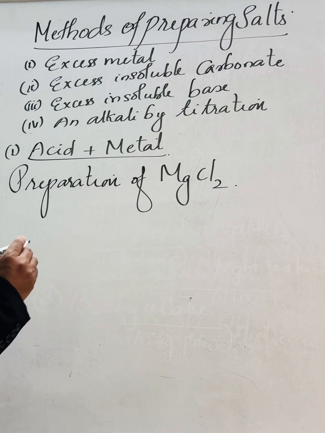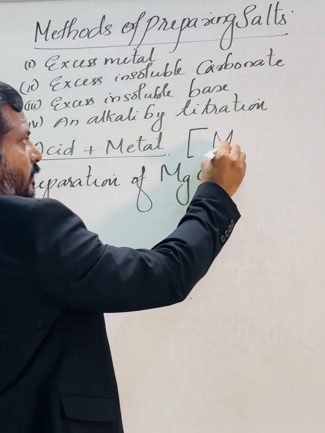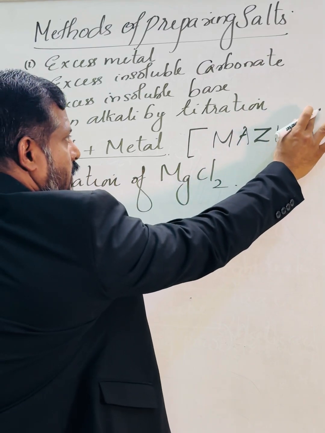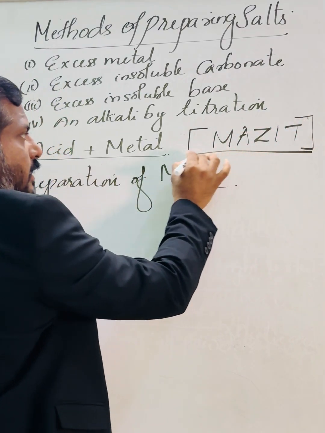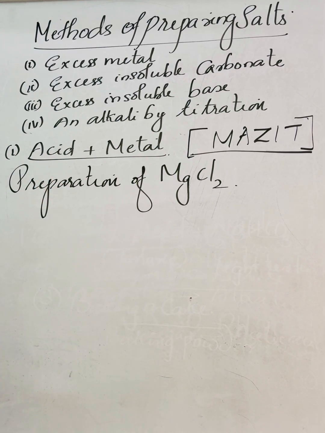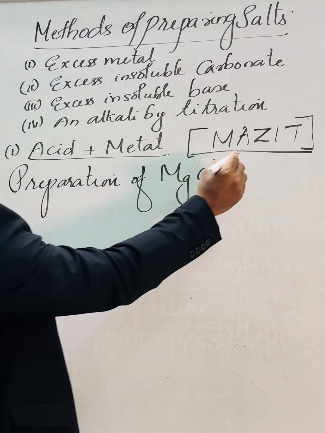I will give you one mnemonic. MAZIT. Look here, M stands for magnesium, A aluminium, zinc, iron and tin. These are the 5 metals whose salts you can prepare by this method.